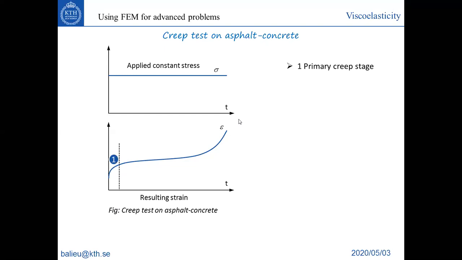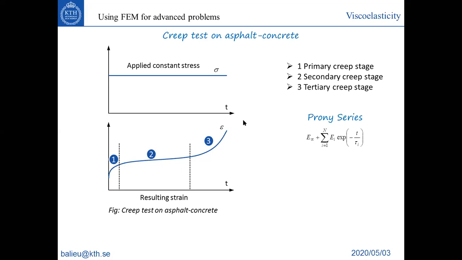The first part is called the primary creep stage, where the strain rate is very high. The second part is the secondary creep stage, where the strain rate decreases, so the strain increases slowly. And the third part is called the tertiary creep stage, where you have an increase of the strain rate again.